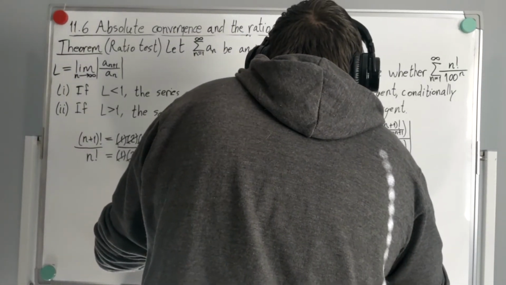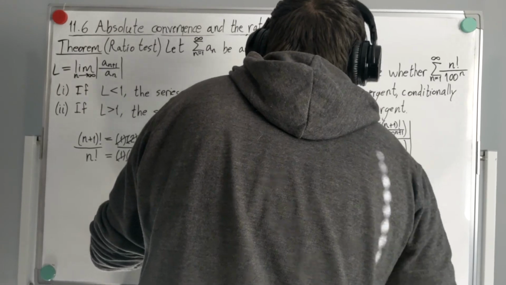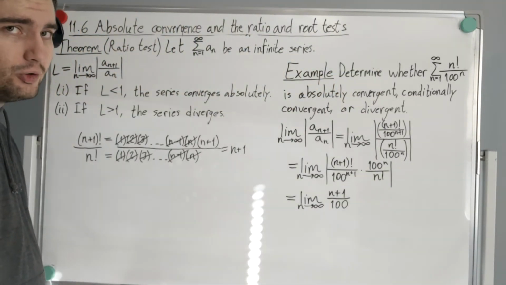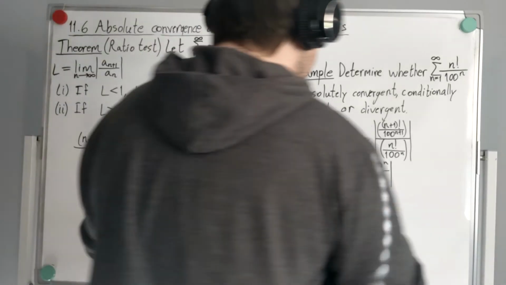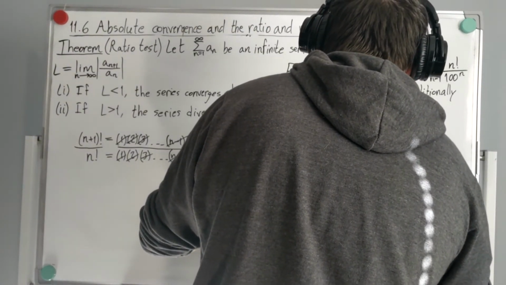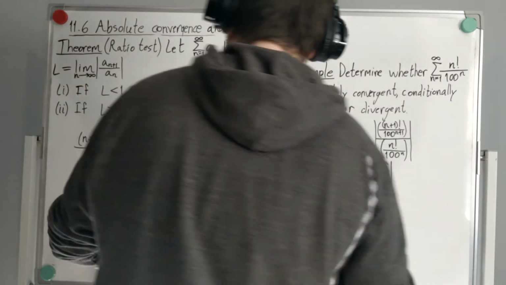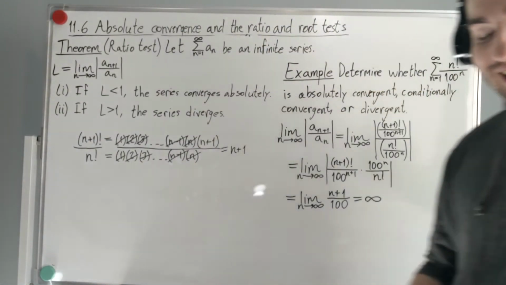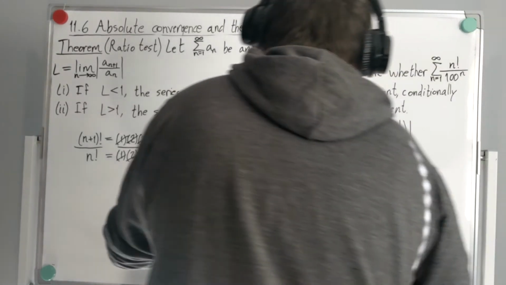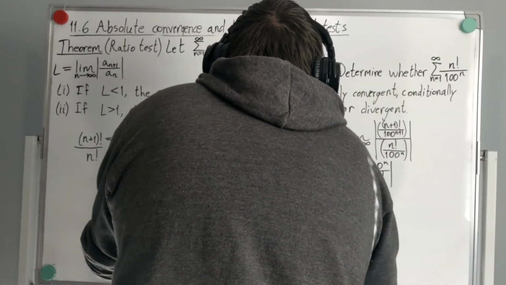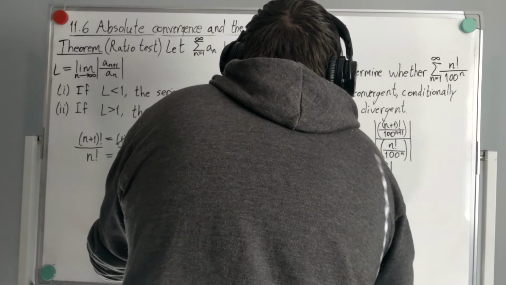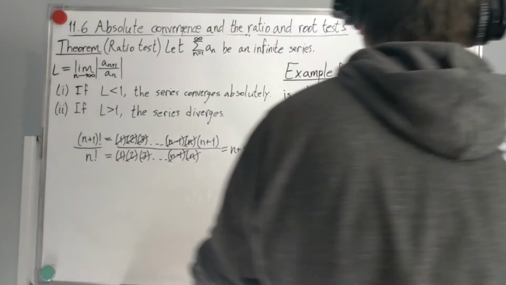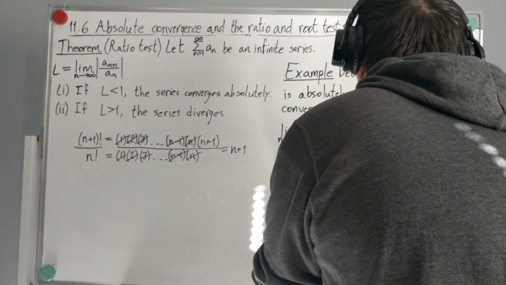So this is now just n plus 1 divided by 100. You take the limit as n approaches infinity, and of course that's infinity. Infinity is of course not less than 1. So by the ratio test, the series diverges.